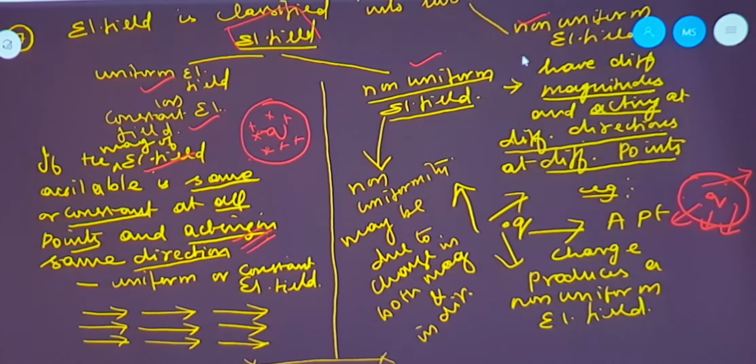So I have given the definition like this: a non-uniform electrical field will have different magnitudes, acting in different directions at different points. It occurs when both the magnitude as well as the direction of the electrical field are different at different points. These are the important aspects of electrical field.